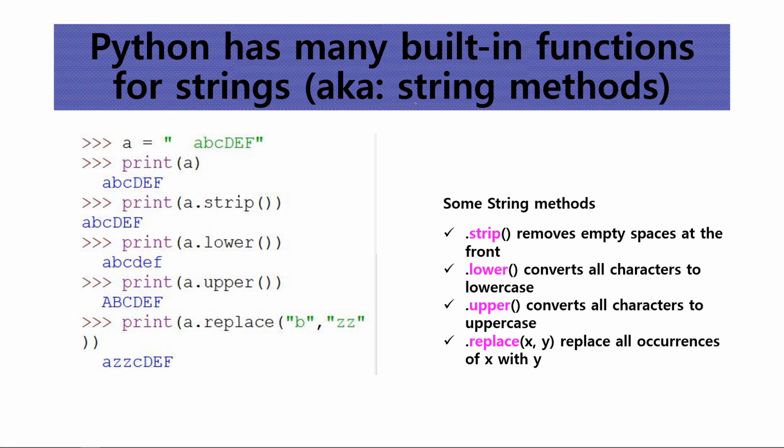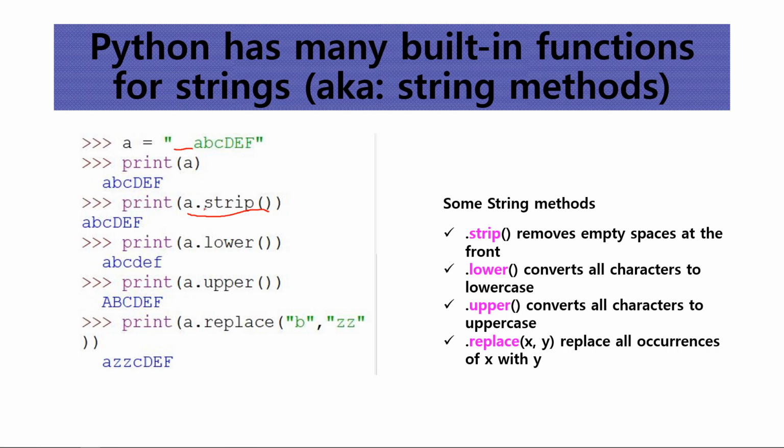Python has so many built-in functions for strings, which we also call string methods. Some of them include strip. Strip basically gets rid of all the empty spaces in front of a string. So I had this string which had several empty spaces here, and suppose I want to get rid of them.